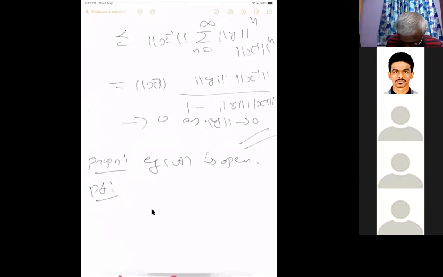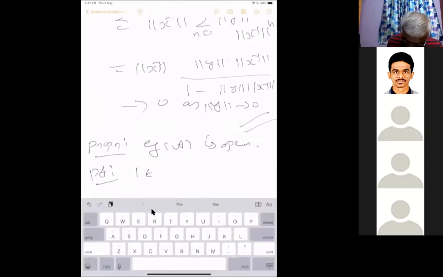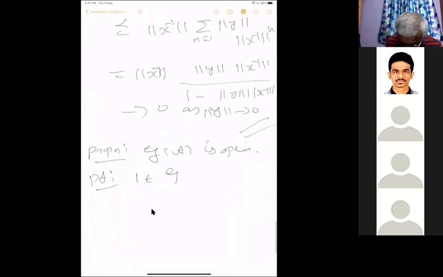So clearly 1, one element of G of A, is an interior point.